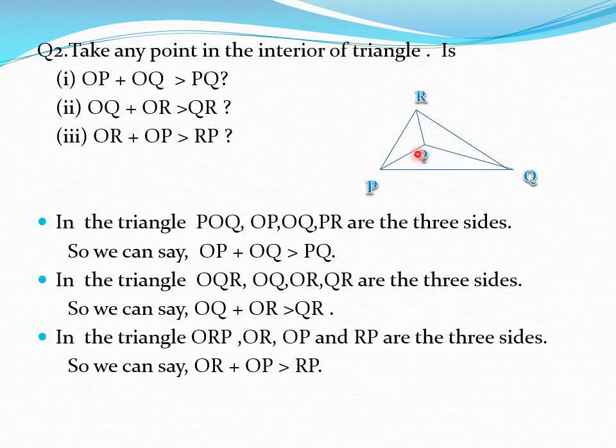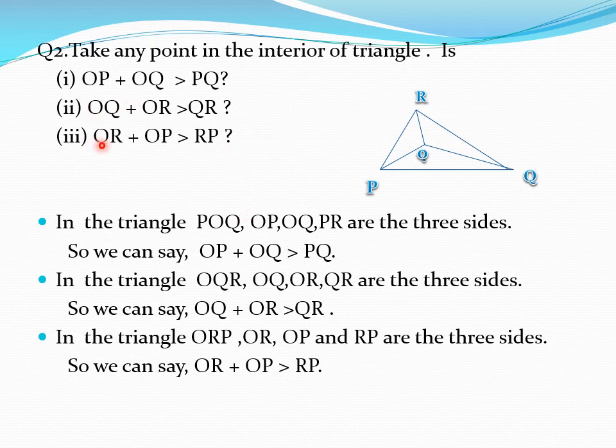So we can write OQ plus OR is greater than the third side. Sum of the two sides of the triangle is greater than the third side. Okay, so the statement is correct. We can write the statement.